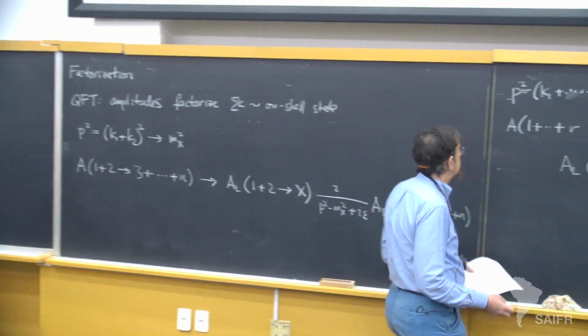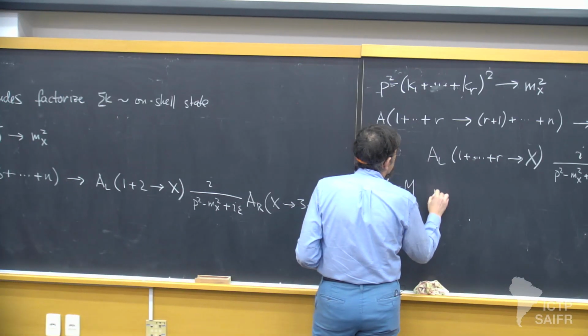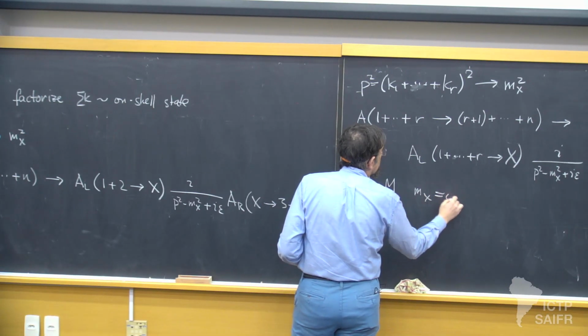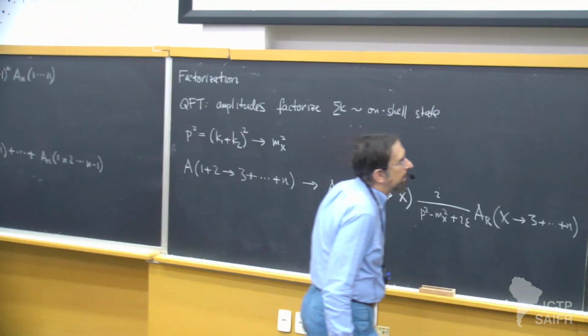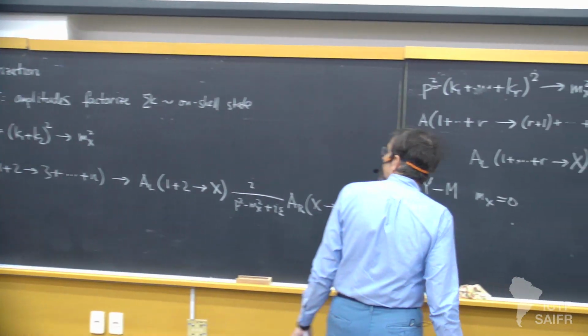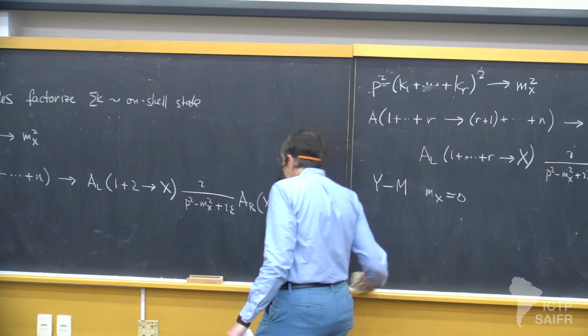We're interested in Yang-Mills theories, where, of course, at least in the pure theory, the mass is 0. And I'm going to stick to higher n on the board.